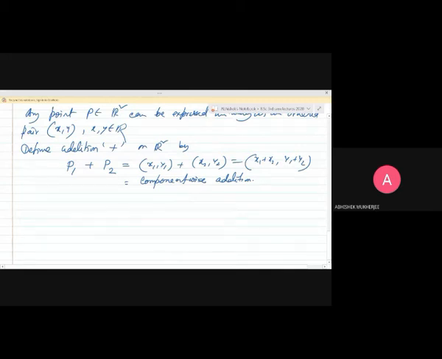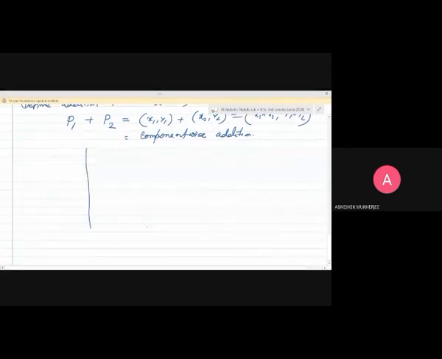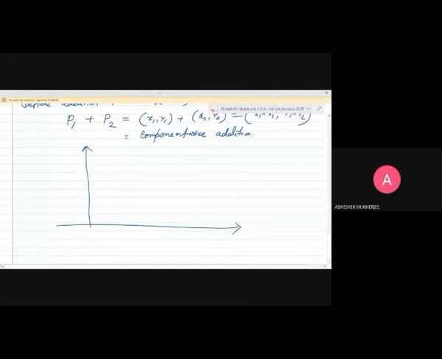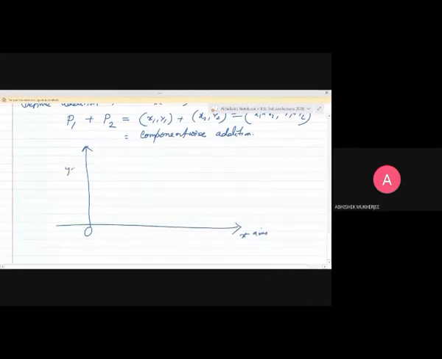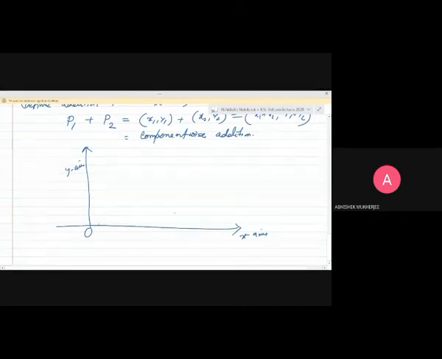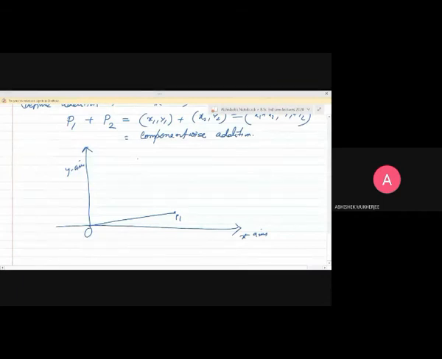Okay, so this addition actually looks this way. This is your origin, this is your x-axis and this is your y-axis, and suppose you have a point, this is your P1 and suppose this is your P2.